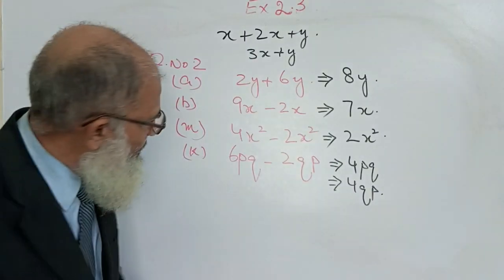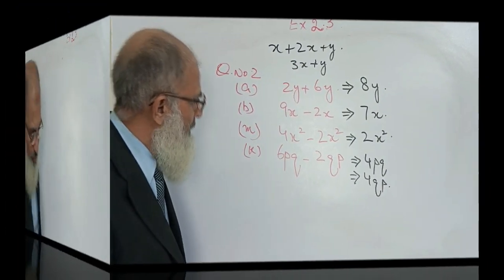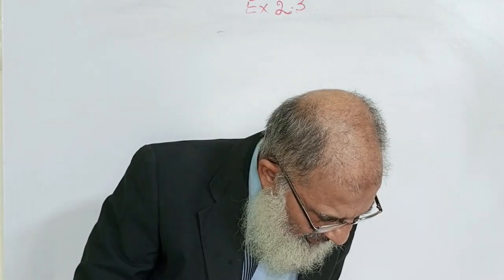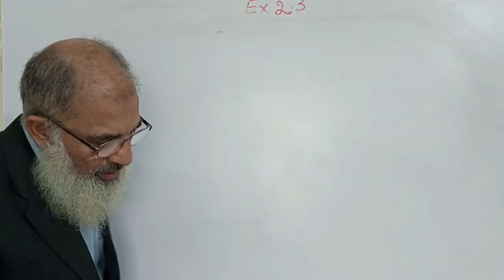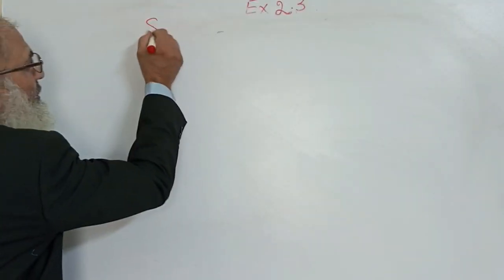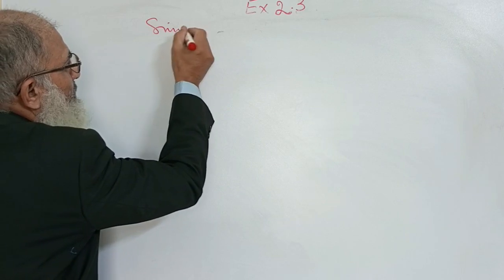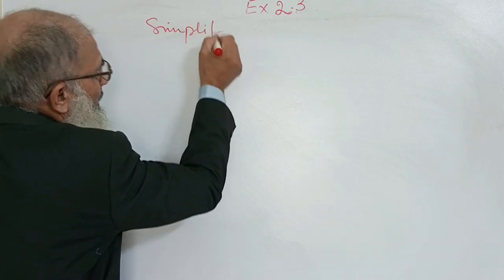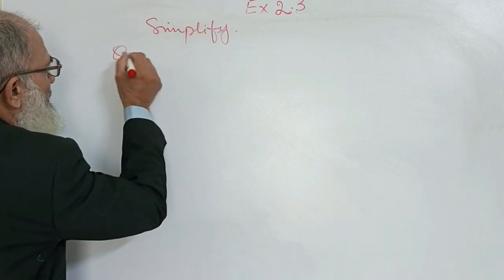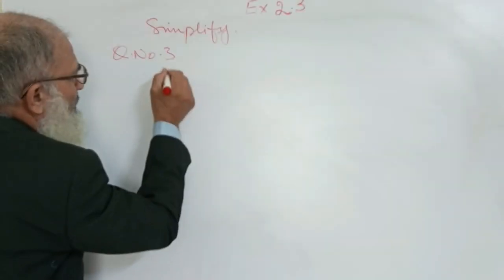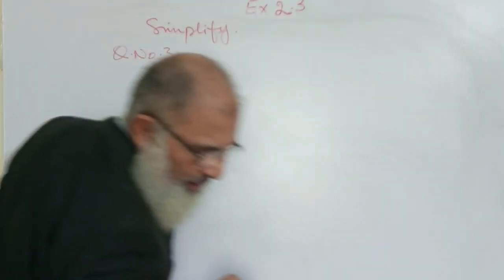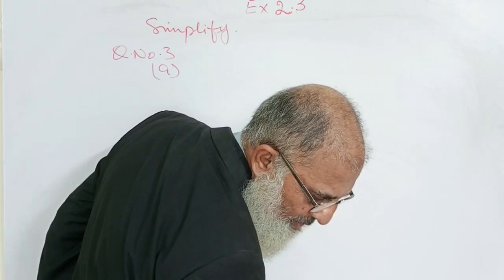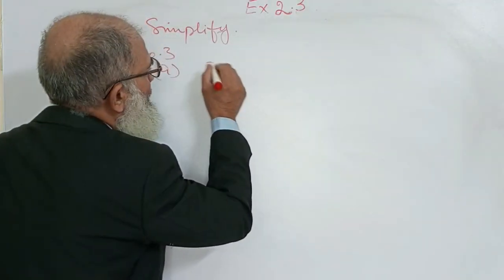Now dear students, proceeding towards question number 3, part A. Simplify. Question number 3, part A, and what is it? 2x plus y plus 3x.